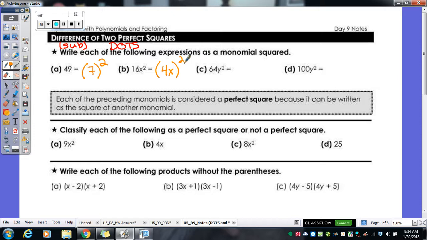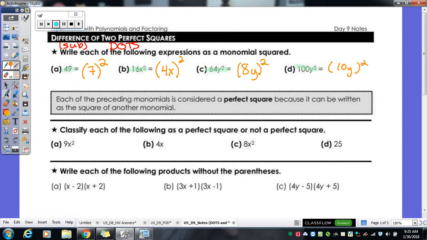For C? 8y squared, and then D? 10y squared. Because we could write those all as a monomial squared, that means 49, 16x squared, 64y squared, 100y squared are all perfect squares. So that would all work with our DOTS factoring, our difference of two squares.